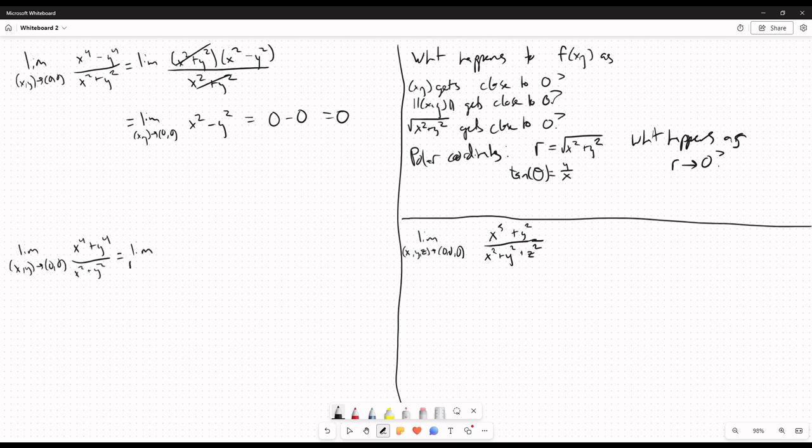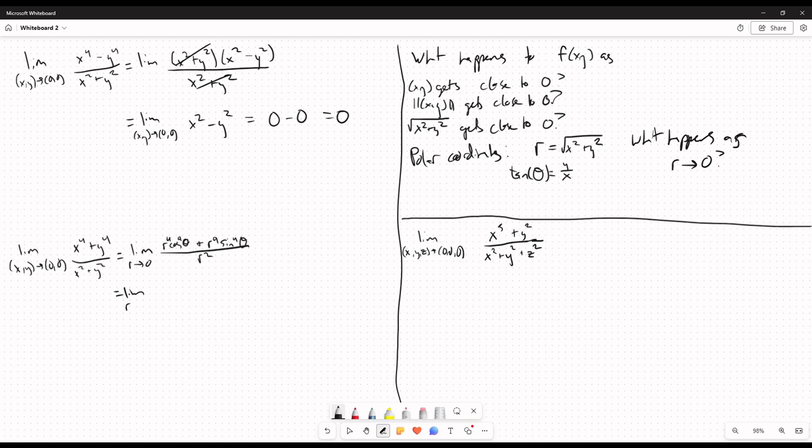This will be the limit as r approaches 0 of, well, what's x? x is going to be r cosine of theta, to the fourth. So we'll have r to the fourth cosine to the fourth of theta, plus y to the fourth is going to be r to the fourth sine to the fourth of theta, over x squared plus y squared, which is just r squared.